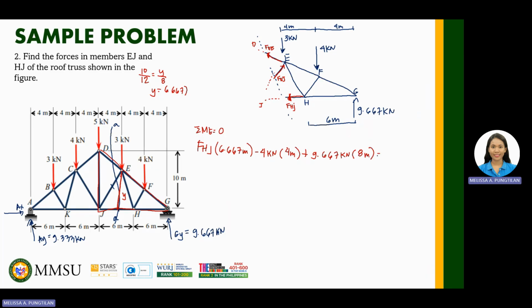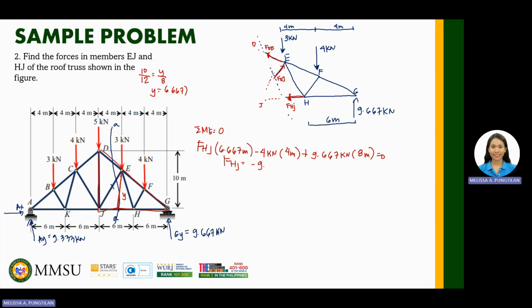Okay. It's equal to 0. Therefore, FHJ is equal to 4 plus 9.667 by 8. So we have negative 9.2.